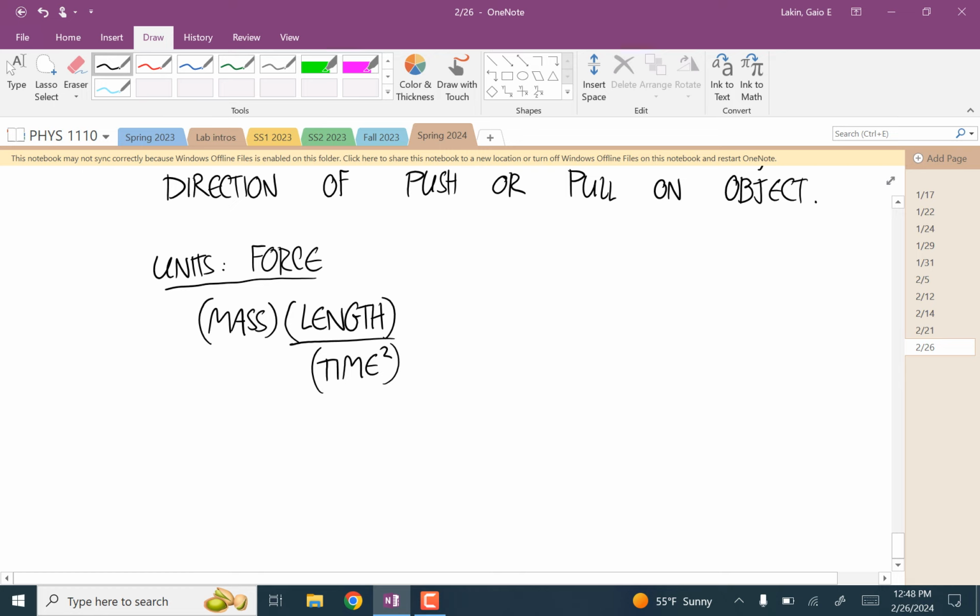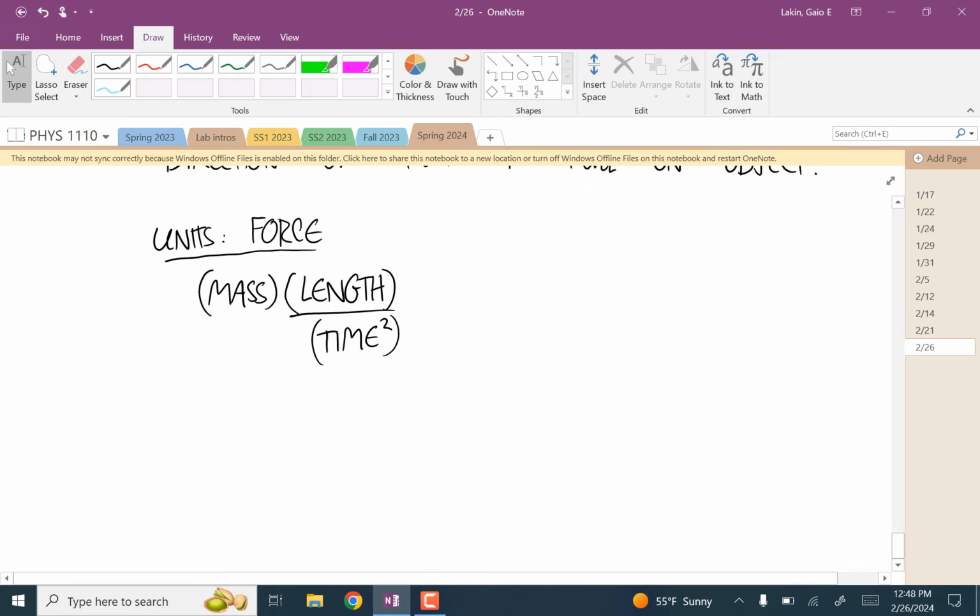That's the most complicated unit we've seen so far. And because it's such an important idea, and because that's so complicated looking, we're going to give that its own name, just so it's easier to work with.